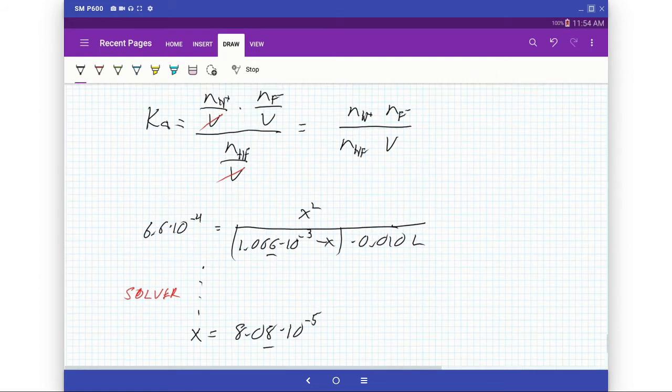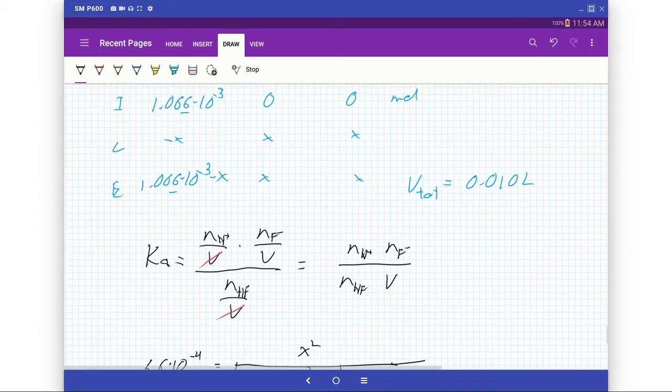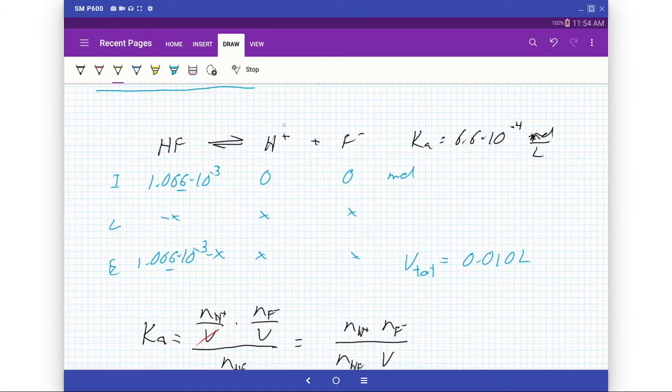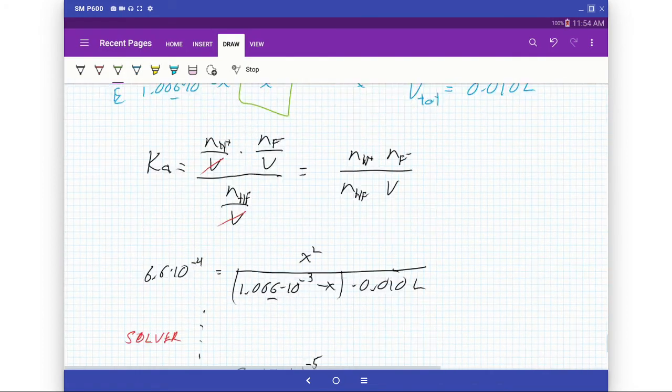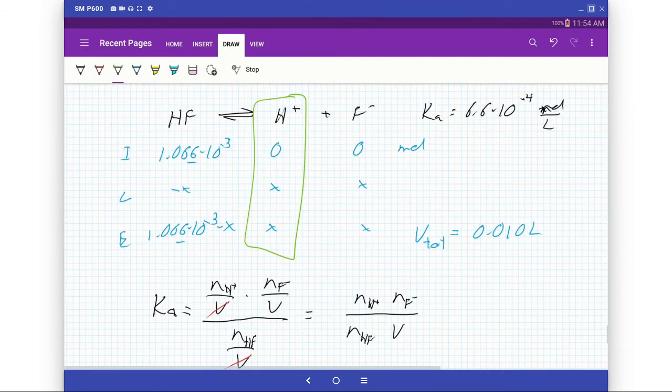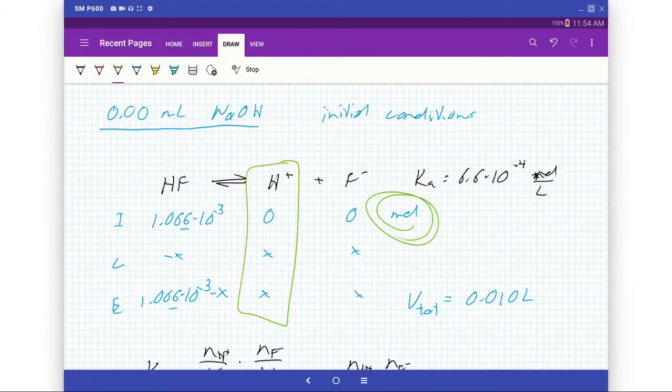So what is x? We go back up and look at our ICE table, and we find out that x is the hydrogen ion concentration. Sorry, back up, I lied. X is the moles of hydrogen ions. It's not the concentration.